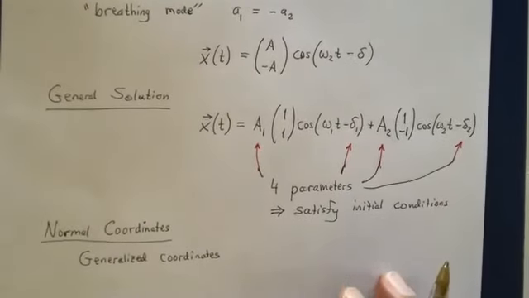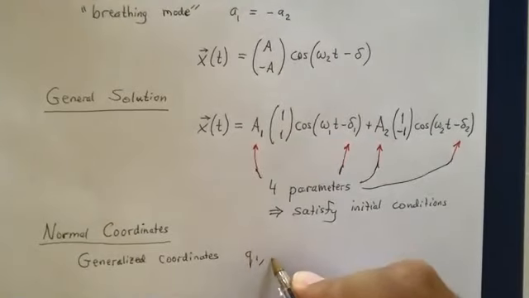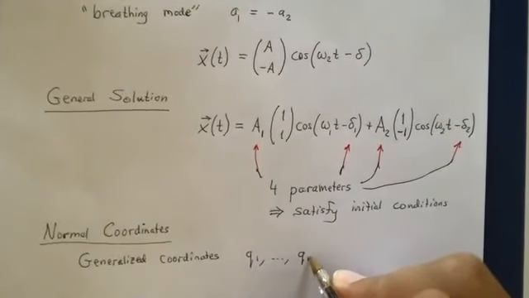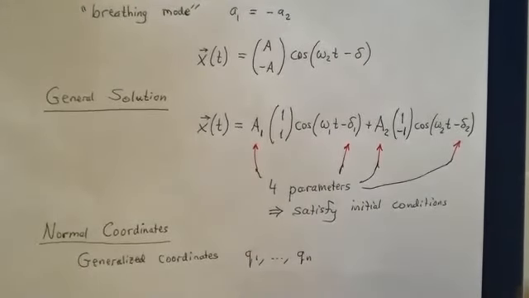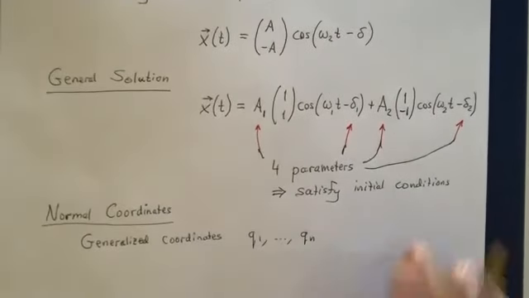And the notation we like to use for the generalized coordinates, we like to talk about a Q1 up to Qn, where that little n is the number of degrees of freedom.